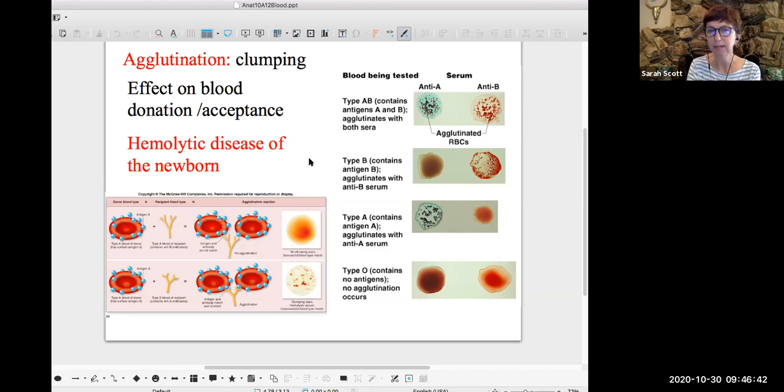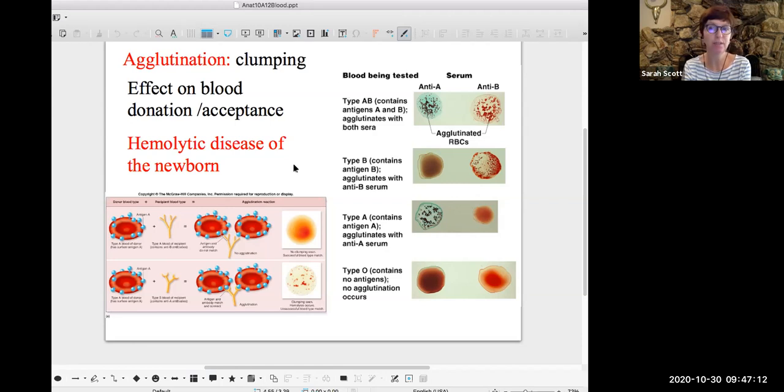So what happens, we now know, is that during birth, the mother is exposed to the blood of the newborn. Childbirth is a messy business. And so there is some exposure between the mother and the child. So the mother, if her first baby was Rh positive, would be exposed to a new antigen, meaning that she would make the antibody.